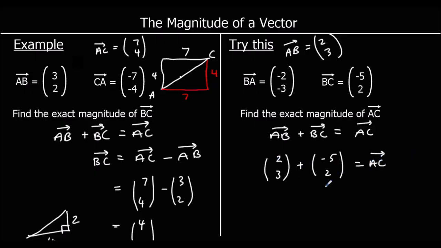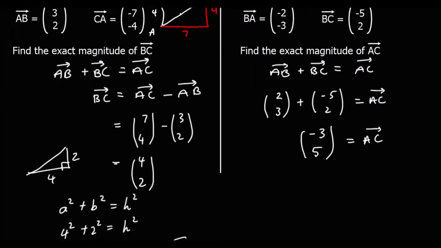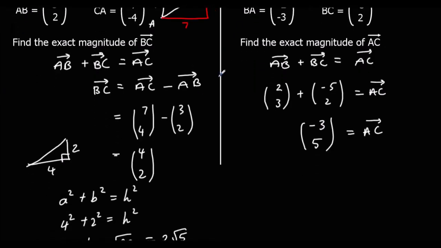2 plus negative 5 is negative 3. 3 and 2 make 5. So A to C is negative 3, 5. So if we were to sketch that, it would be left 3, up 5, and again we're working out the hypotenuse.